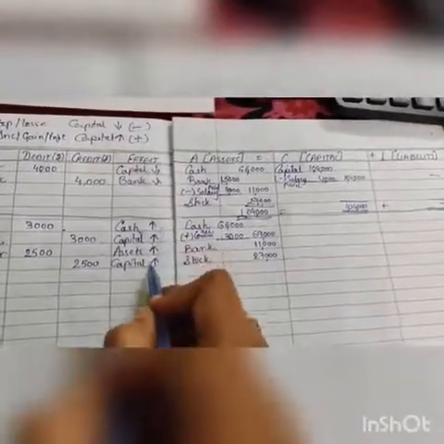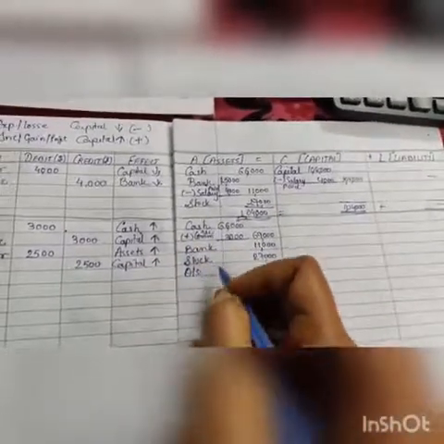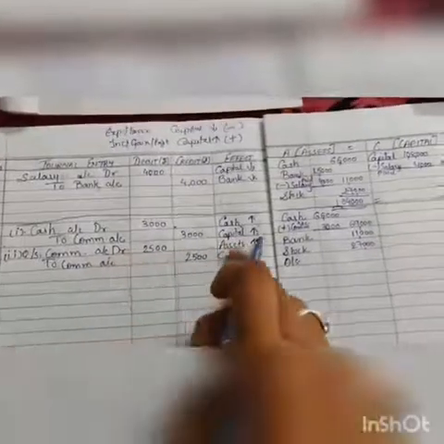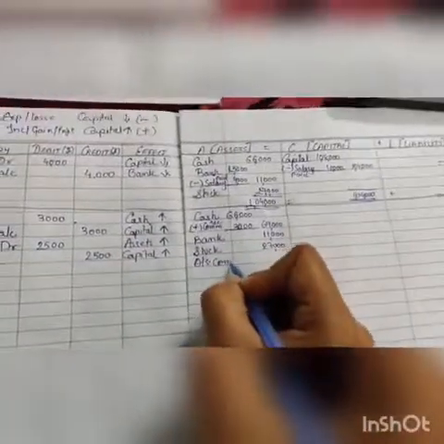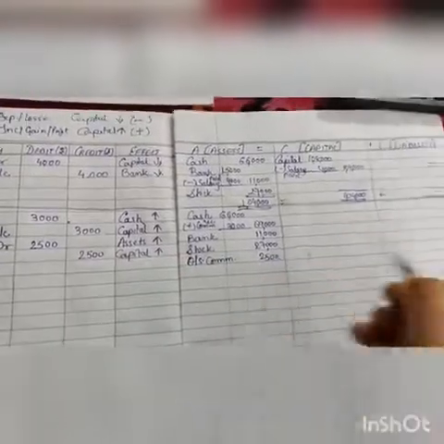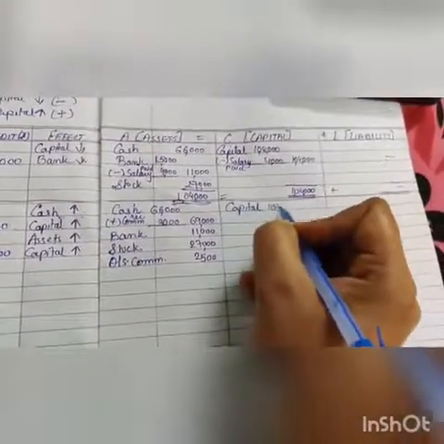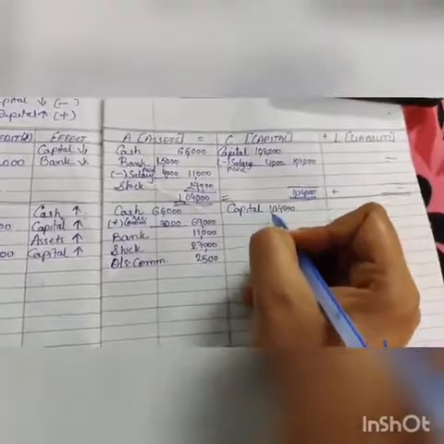Cash is over, capital we will do now. Asset, so here, asset side directly you will write down, that is outstanding commission, 2,500. Clear? This will be the effect. Now what you will do on capital side, that is 1,04,000. Clear?